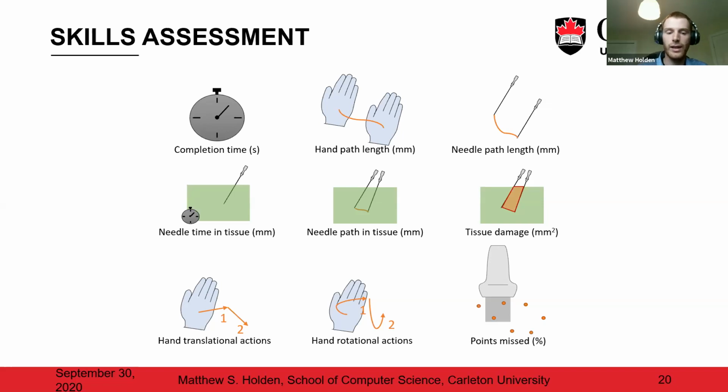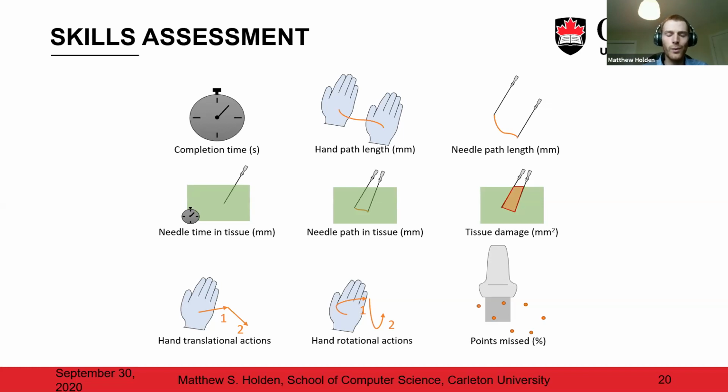So traditionally, we employ summary statistics like completion time, how much the hands or the instruments are moving, how much that's affecting the tissue, or perhaps in the case of ultrasound, how many points of interest we've scanned.